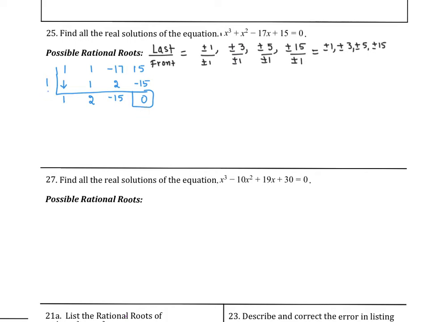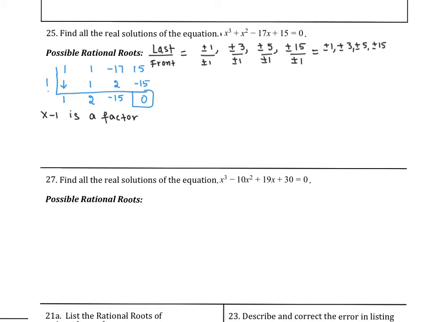So my factor is x minus 1, because when the root is positive 1 and you want to write it in factor form, you're going to use negative 1. x minus 1 is a factor.